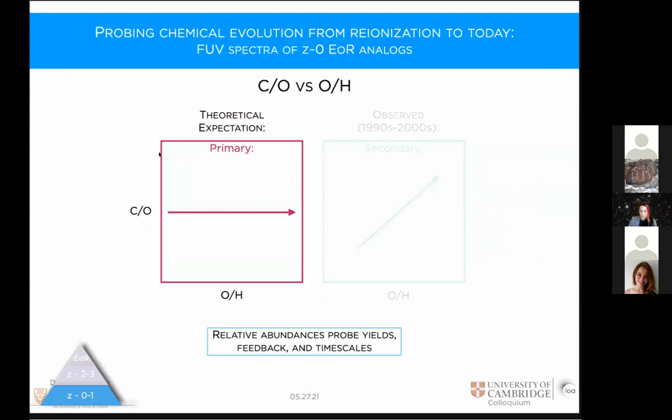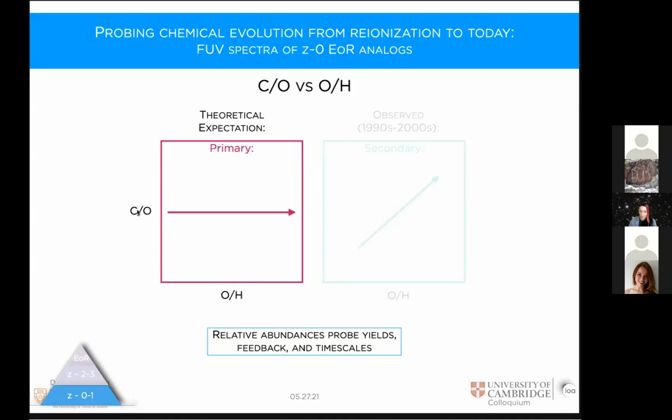Now, carbon to oxygen is something we haven't understood for a long time, even though carbon is really important to understand all sorts of things: yields, dust, all sorts of feedback. Our theoretical expectation is that carbon is a primary element, meaning metallicity independent.